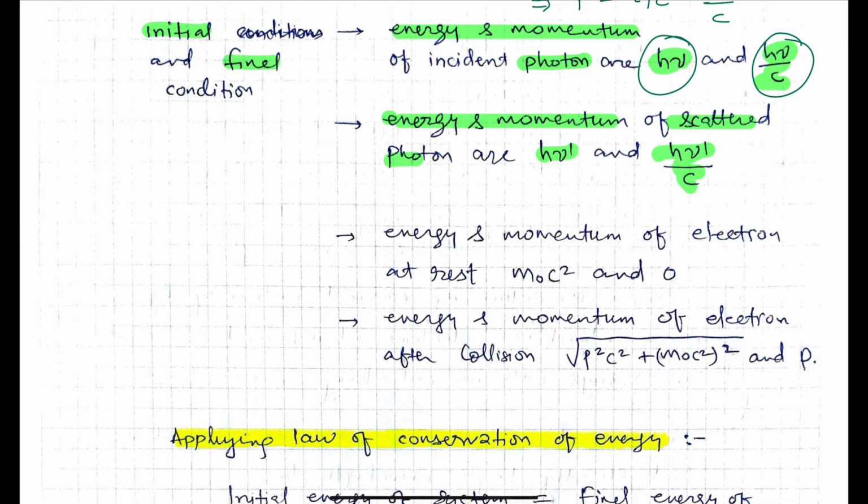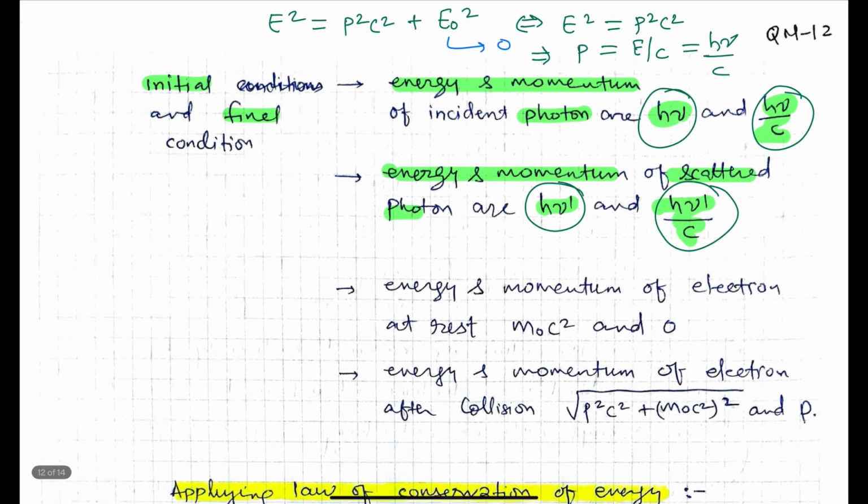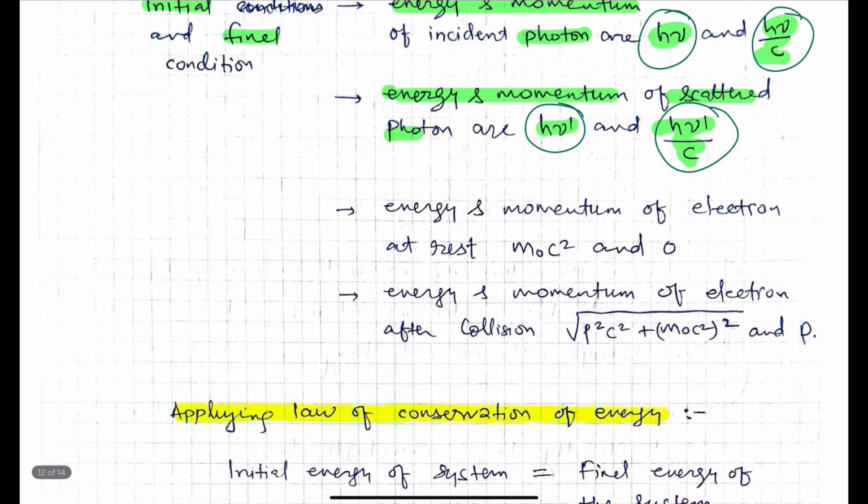Finally, when the collision happens, the energy of the photon will become h nu prime and the momentum will become h nu prime upon c. Now for the electron, energy and momentum will be m0 c square and 0. So we know that the electron is at rest in our experiment.